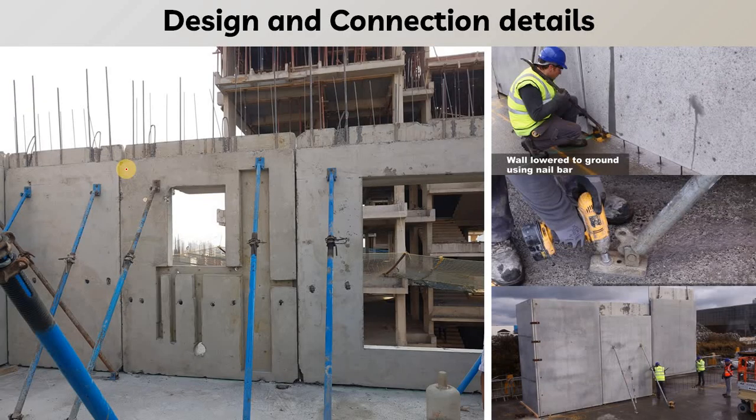Now let us see how the panels are installed at the site. Before that, let me explain the grooves that are made in the panels. Here you can see there are many grooves in the panel. These grooves are used for plumbing facilities, where the plumbing pipe will be placed inside and then the grooves will be covered using special materials.